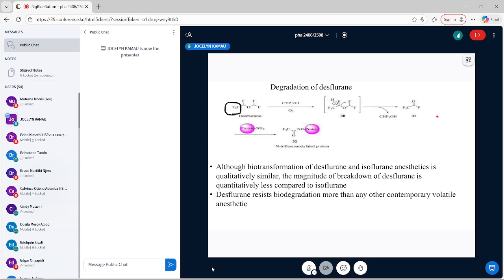It can be metabolized again. If you look at that structure, as we have already discussed, it still has a hydrogen, and because of the presence of that hydrogen on this carbon, we can have oxidative hydroxylation, as you can see in the next one.